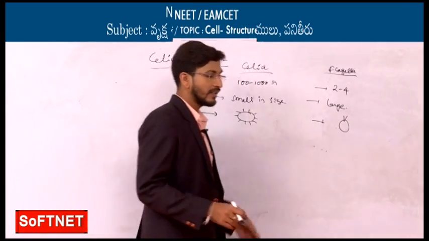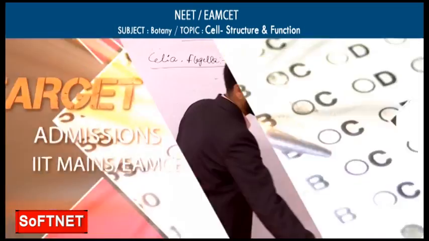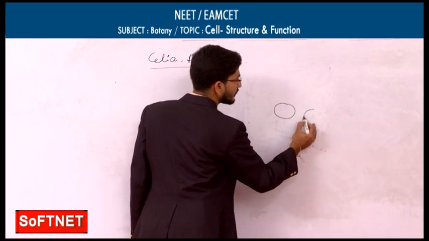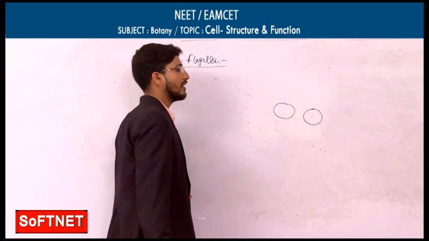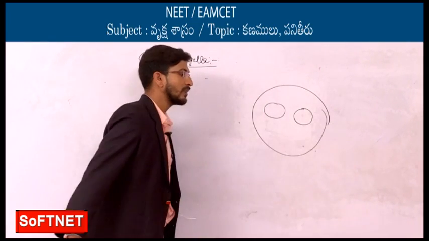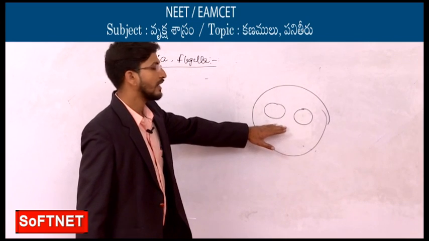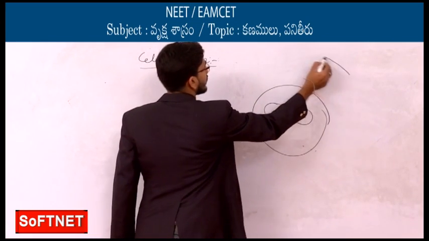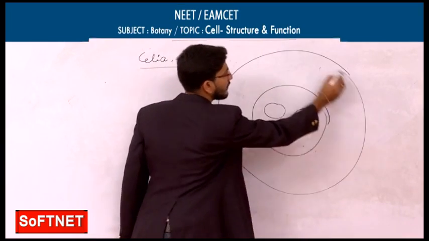Now we will discuss the internal structure of the flagella. Flagella contain, centrally, the axoneme, which generally contains 2 singlets, surrounded by a plasma membrane.